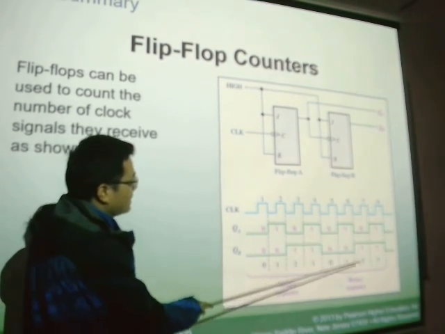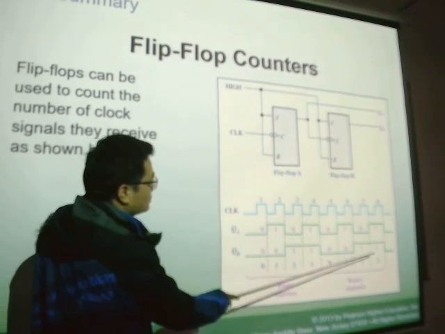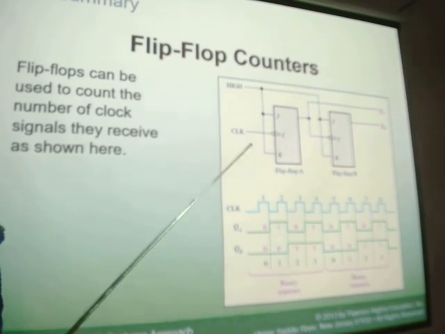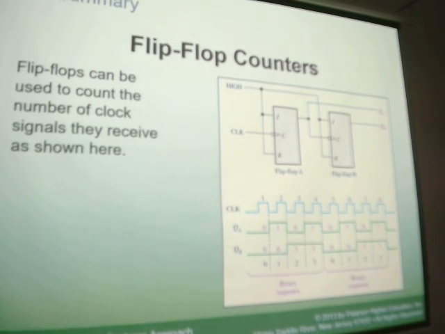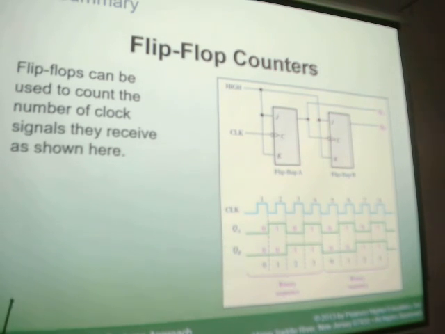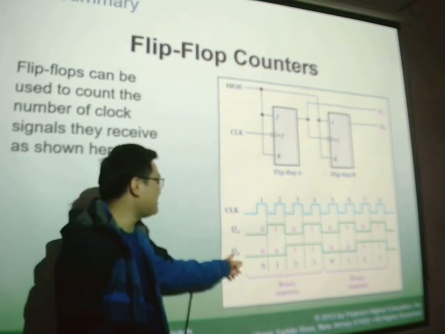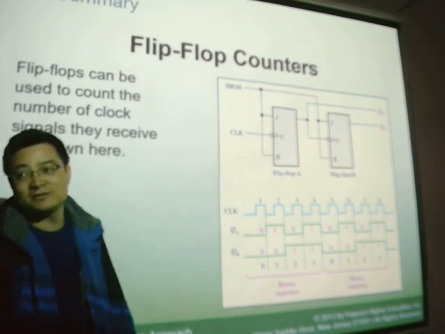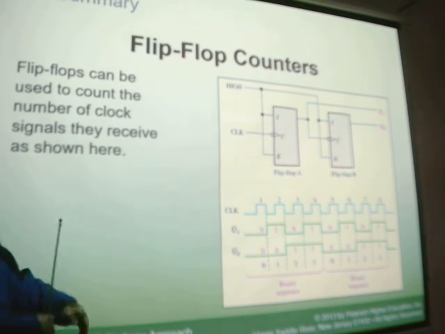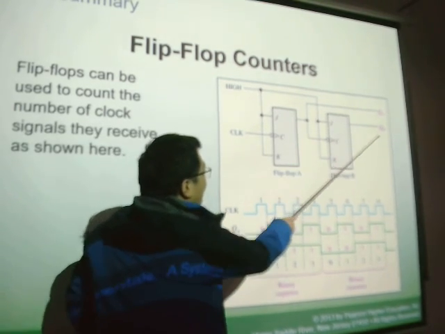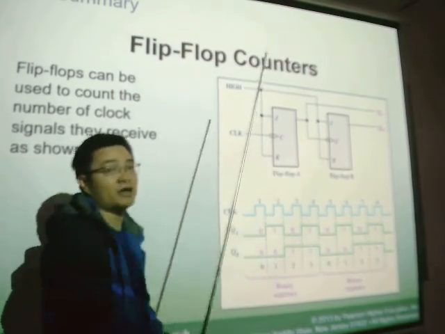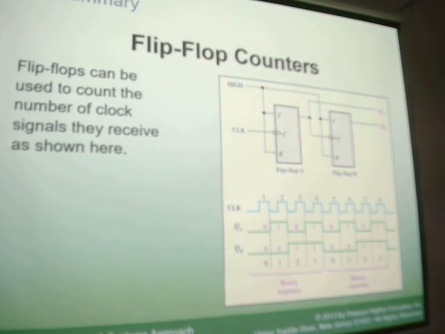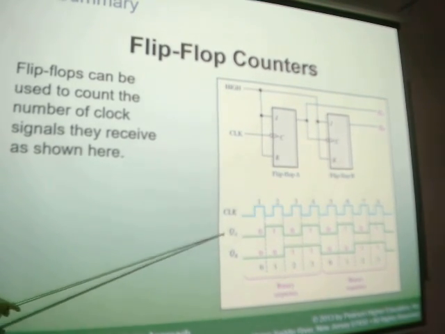We count from this side: we must remember that the last output is the MSB, the most significant bit, and the first output is the LSB, the least significant bit.